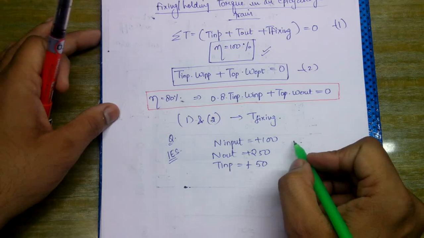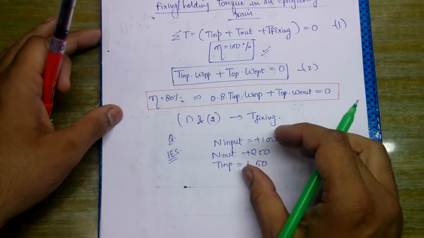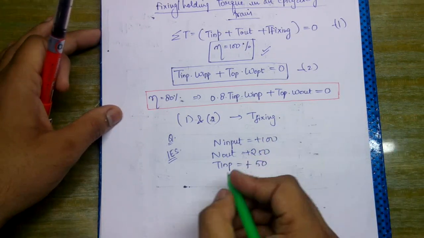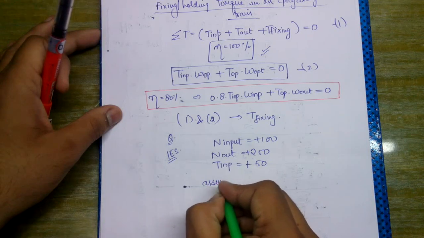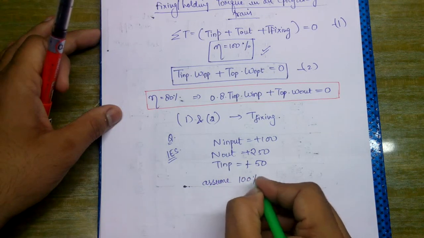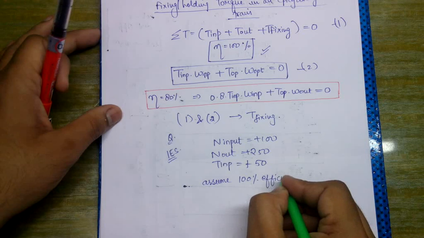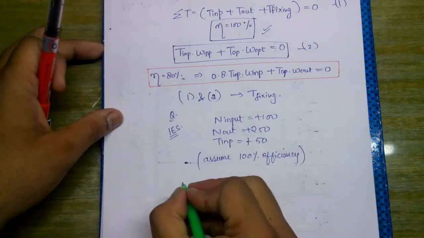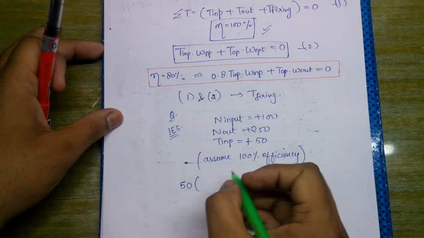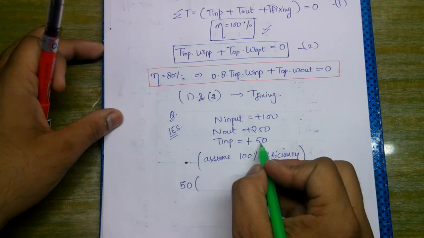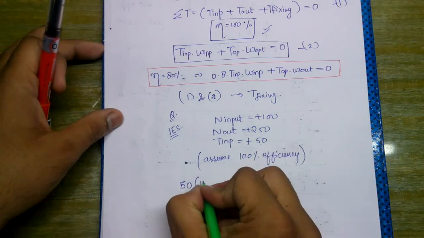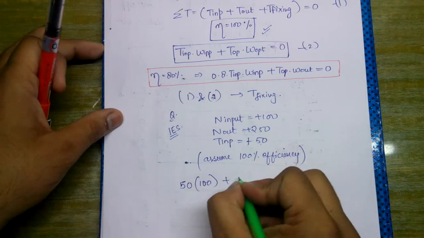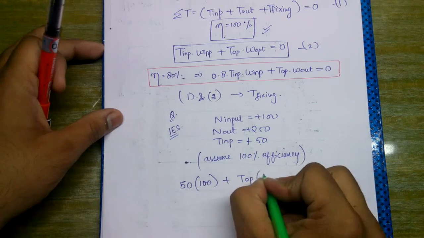So in some of the questions omega input can also be given in the form of N input, and we have to assume 100% efficiency.